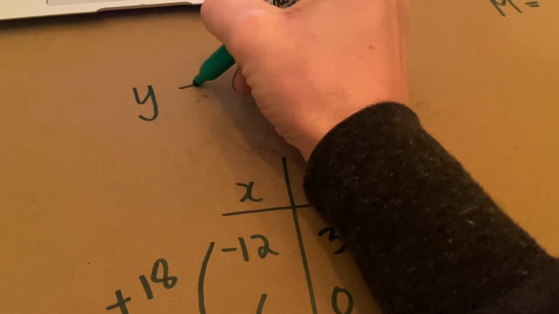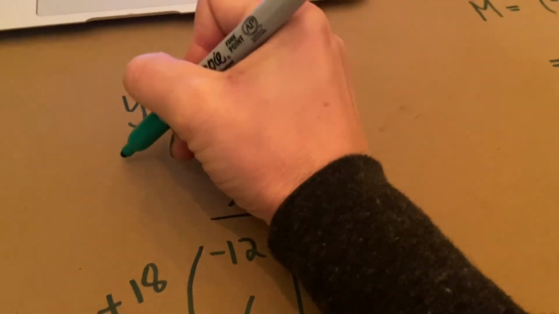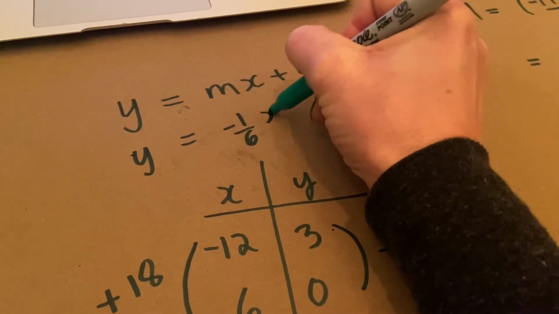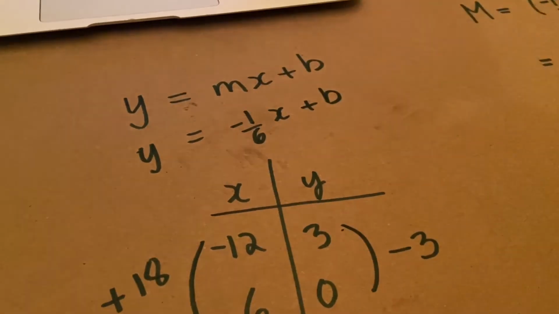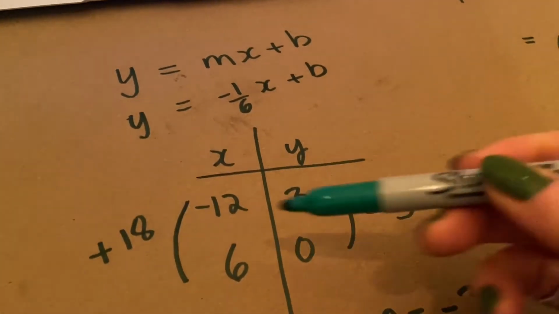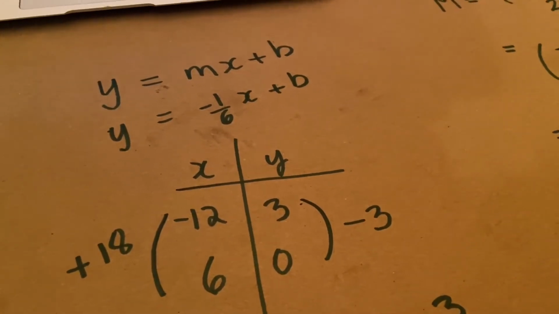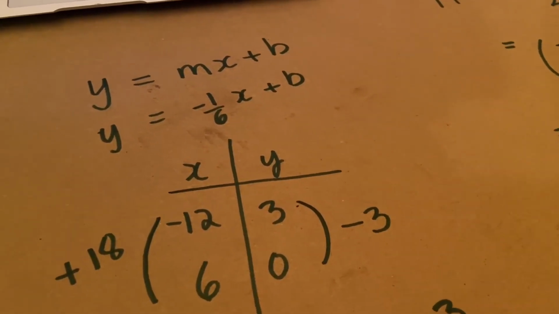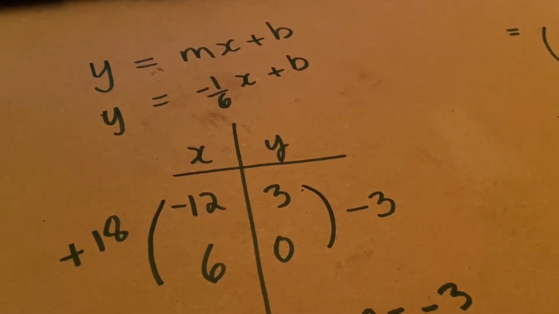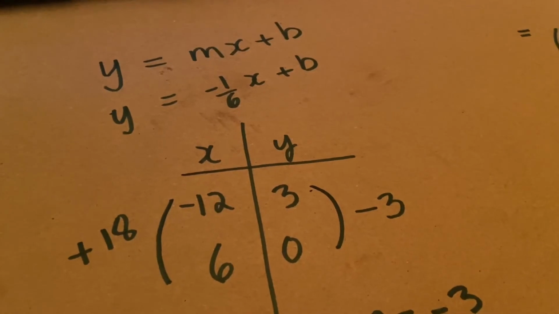And I want to use that slope in the equation y = mx + b. So I know that right here I should have -1 over 6 for my m. And then I can pick either one of these 2 points to put in for my x and y so that I can solve for b. Why don't you pause this video right now, put one of those points into the equation and see if you can find b.